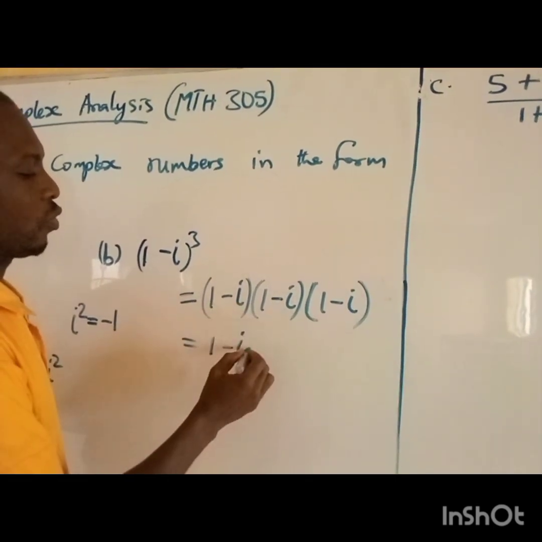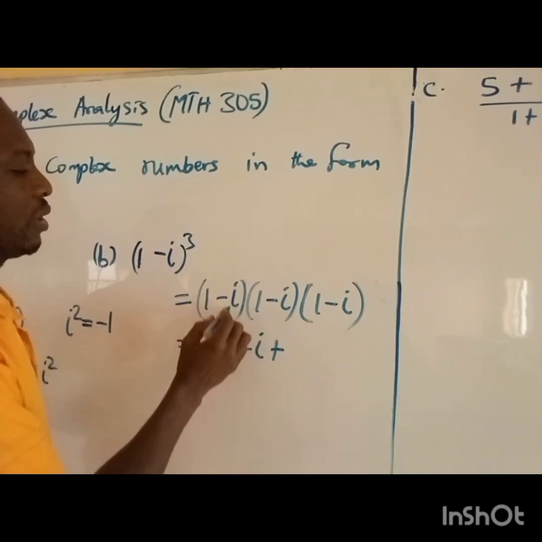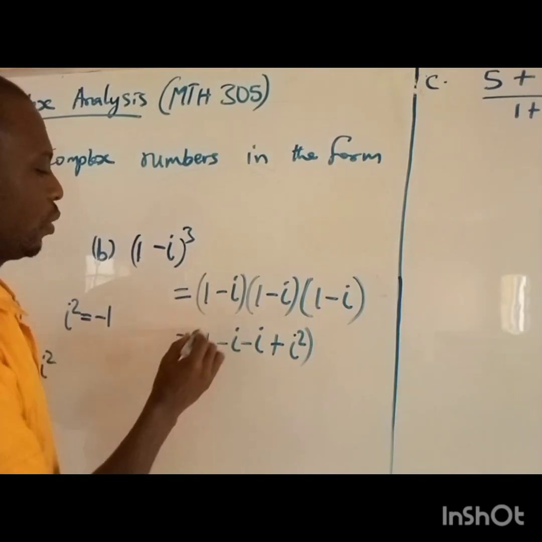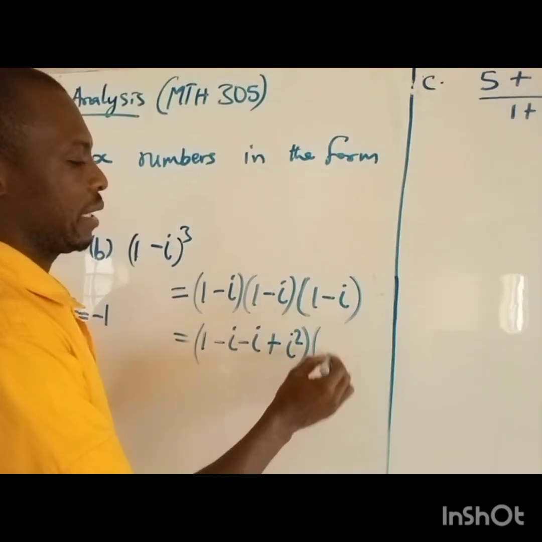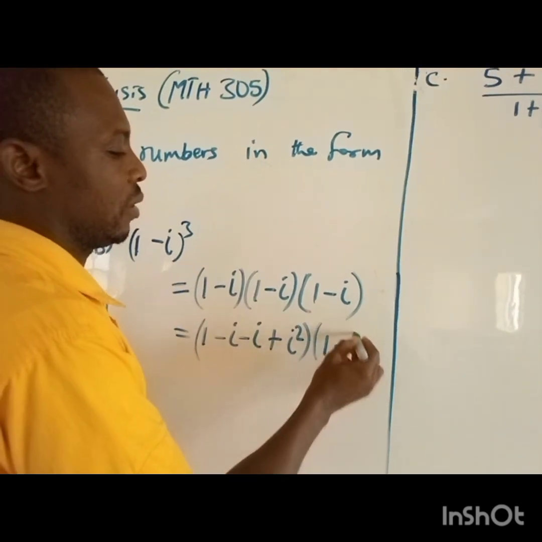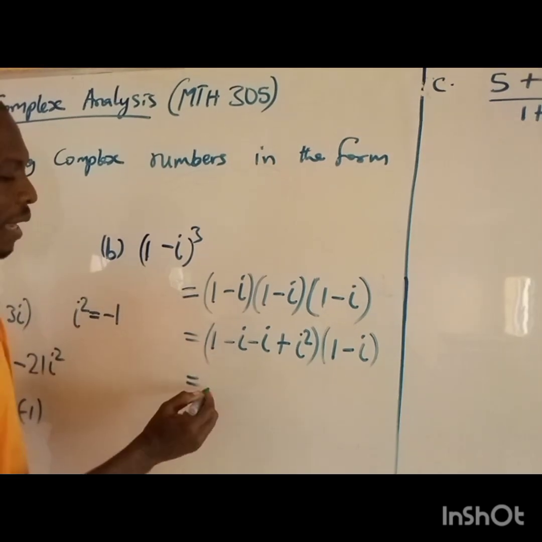Minus i times 1 is minus i, minus times minus is plus, i times i is i squared. So this one bracket, our bracket is reducing. 1 minus i.